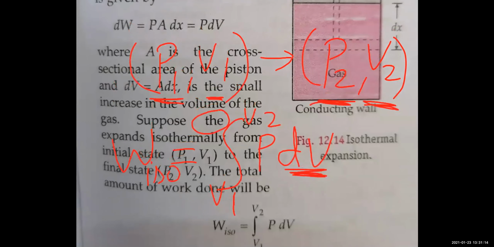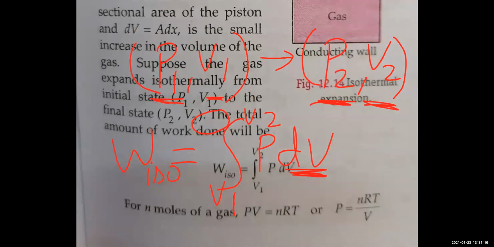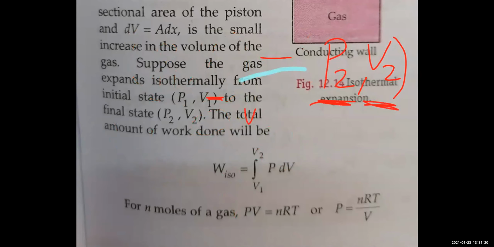Okay, so here it is. Work done in an isothermal process in changing the state of the gas from P1 V1 to P2 V2 is given by the integration from V1 to V2 of P dV, right?